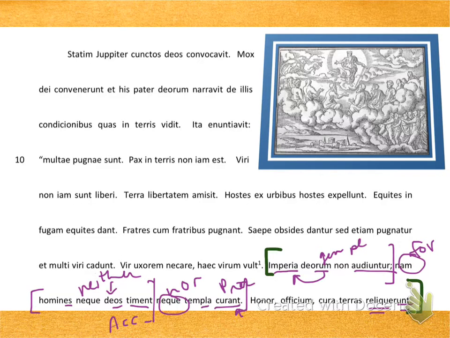There is a verb that begins R-E-L-I-N-Q-O, and that's the verb we're looking at. Check out its third principal part. It goes relinquo, relinquere, reliqui, relictum. This is the third principal part of the verb to leave behind.